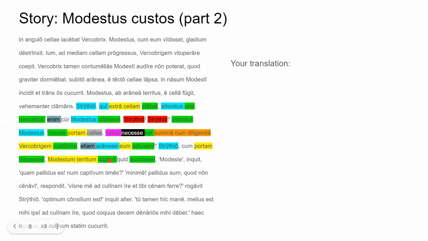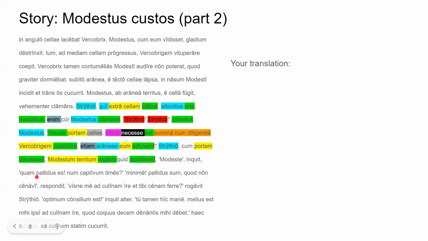So rogavit is taking the terrified Modestus as its direct object, and then it's introducing also an indirect question with quid. So he's asking what had happened. Pluperfect subjunctive there as well. So Strithio, when he'd closed the door, asked the terrified Modestus what had happened.